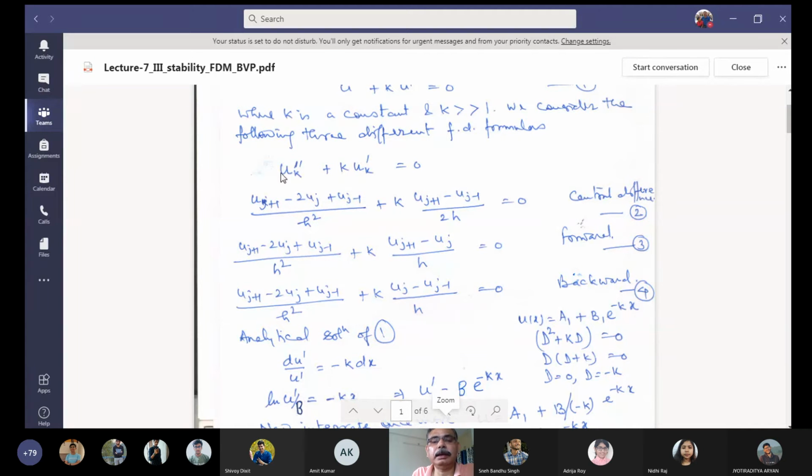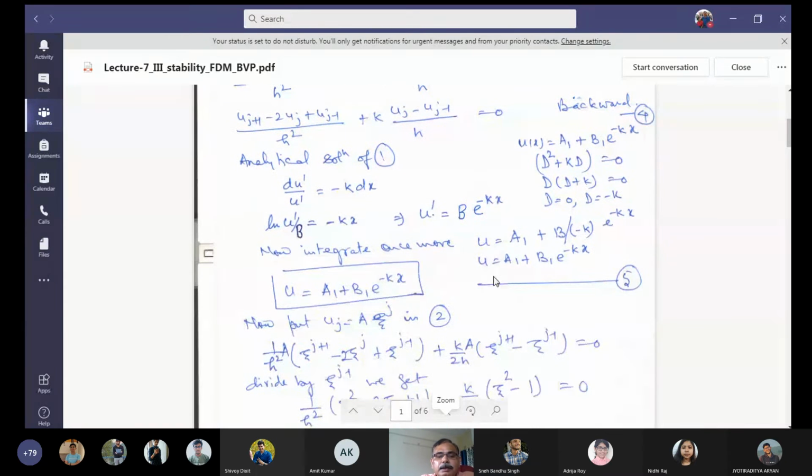Since h square is not multiplied here, so that will be divided by h square plus k times uj plus 1 minus uj minus 1 divided by 2h, if we use central one. If we use the forward one, uj plus 1 minus uj by h. If we use the backward one, it will be uj minus uj minus 1 by h. Right? Yes, sir.